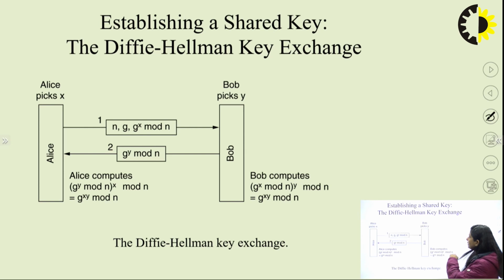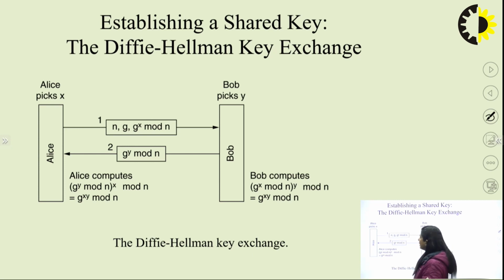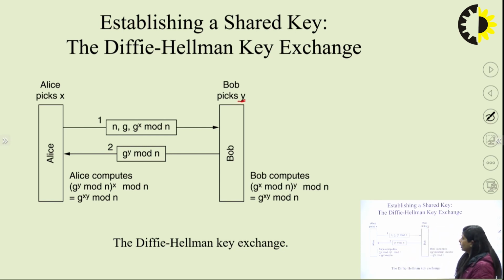What the Diffie-Hellman key exchange says, for example, is that there are two participants. One is Alice, another is Bob. They want to communicate with each other. Now we say Alice picks X and Bob picks Y, right.